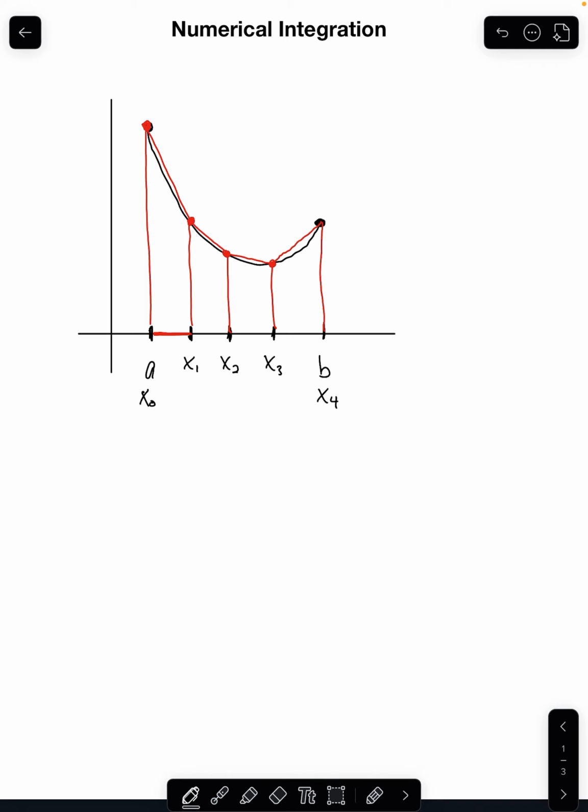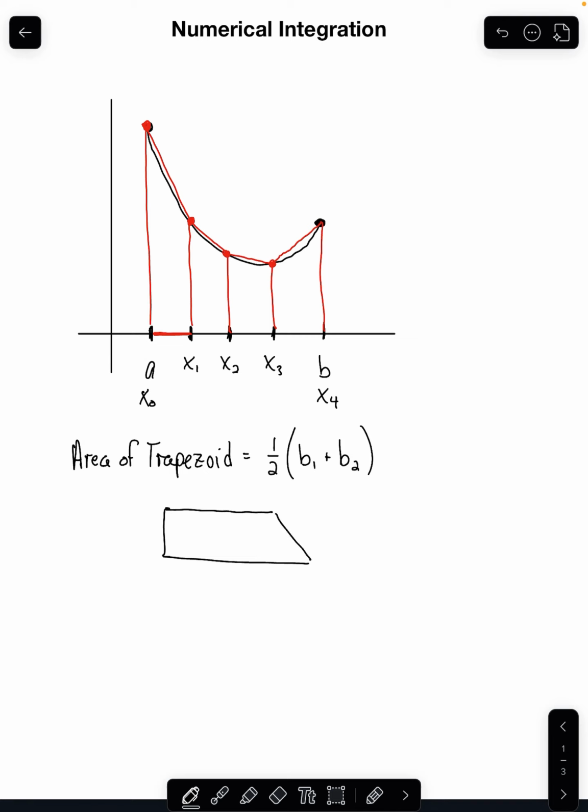The area of a trapezoid is given by the formula 1/2 times the sum of the lengths of the two parallel sides, which, when we're looking at a trapezoid that is oriented horizontally, we would call bases.